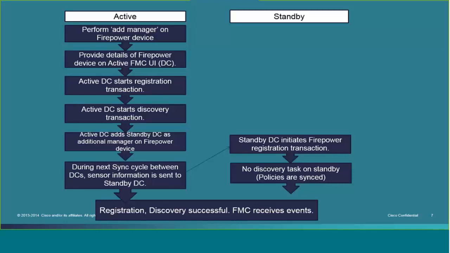Now during the next synchronization cycle, the standby FMC would then ask for a registration to the sensor, and after this the sensor will be successfully registered on both the active and the standby unit. So once this is successful, events are sent out continuously to both the primary and the secondary sensors.